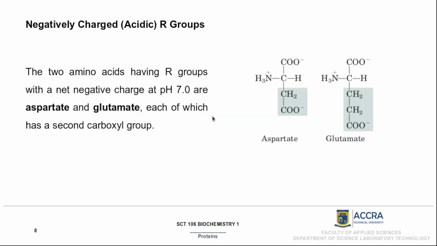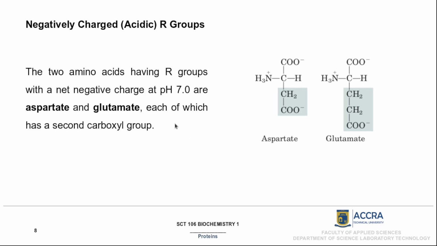Now, there are two amino acids having R groups with a net negative charge at neutral pH, and these are aspartate and glutamate, also known as aspartic acid and glutamic acid respectively, each of which has a second carboxyl group.